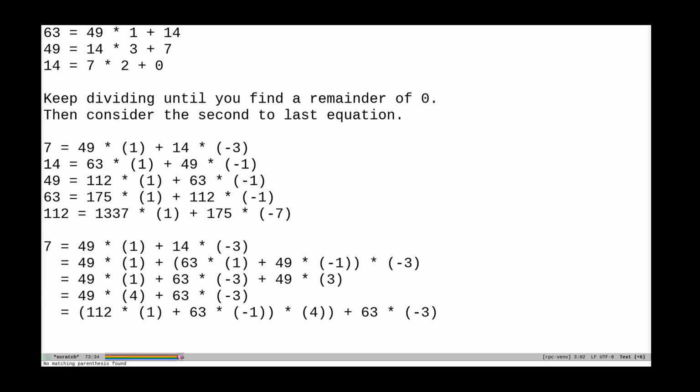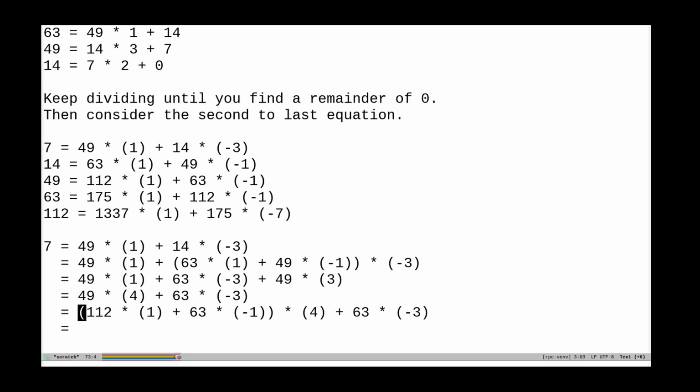And here is everything in parentheses, I think. Wait a sec, I lost myself in the parentheses. Okay, let's do it again. So 49, I put this expression for 49, and here it has to be times 4, plus 63 times minus 3.